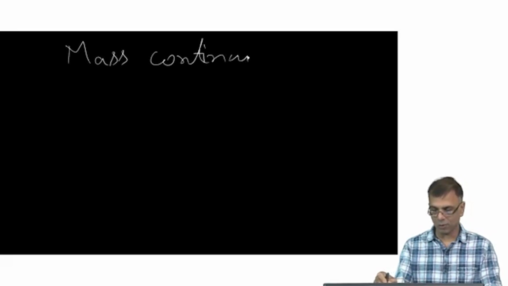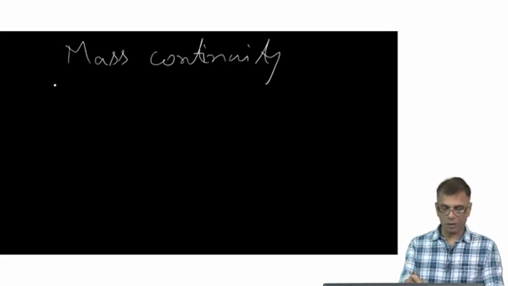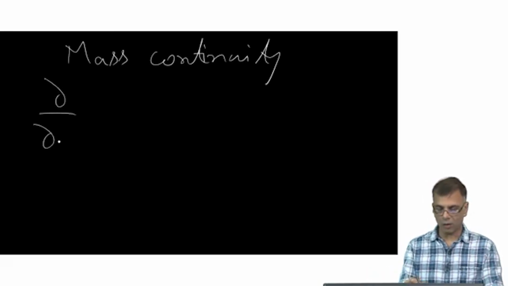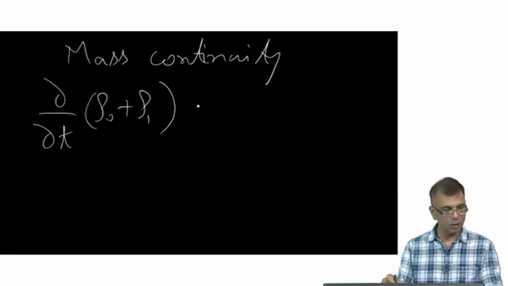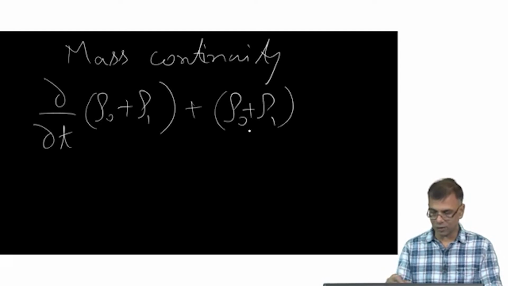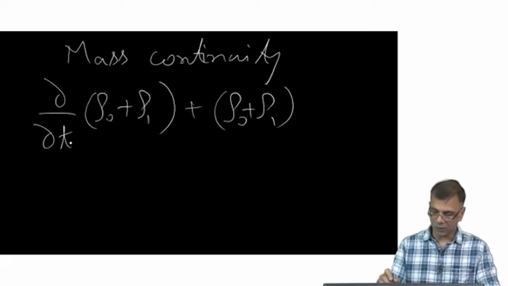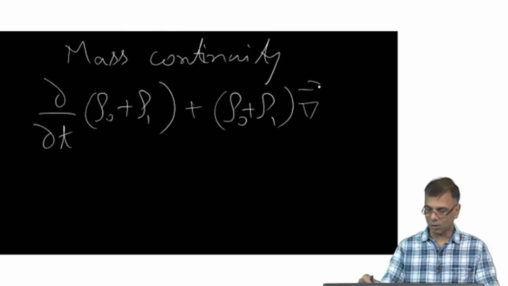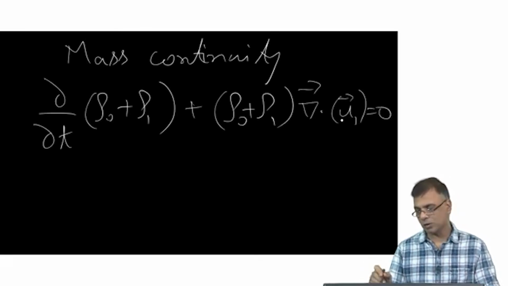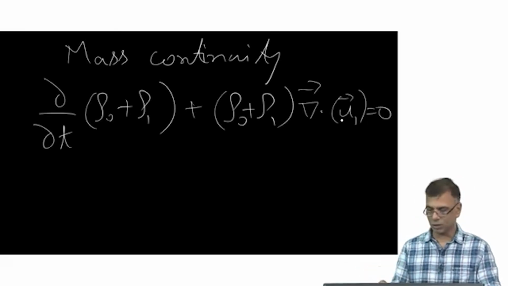So the mass continuity becomes d over dt of rho naught plus rho 1, plus rho naught plus rho 1 times, there used to be a u here, and that's u naught plus u1, but we know that u naught is 0, therefore you just have the u1 here.